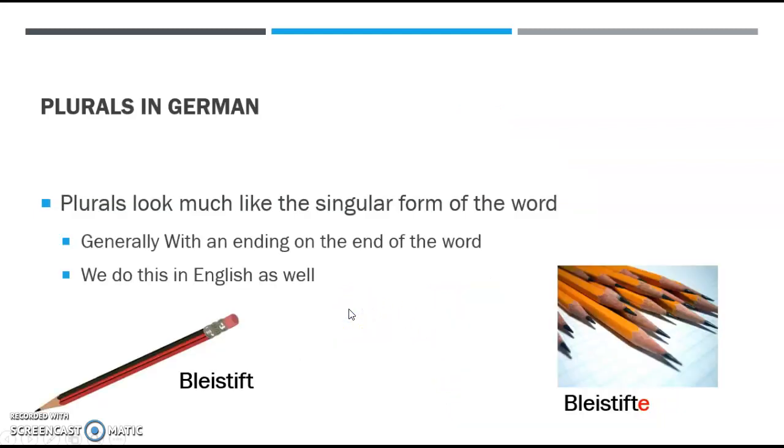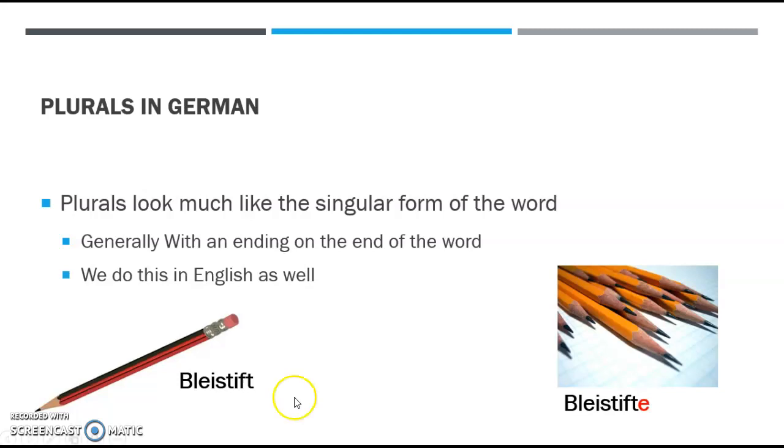Now, plurals in German, just like in English, are going to look generally similar to the singular form of the word, but they'll have an ending. So it's maybe a letter or two letters in German, and you will see some common ones pop up, and you'll actually probably start figuring out plurals on your own.